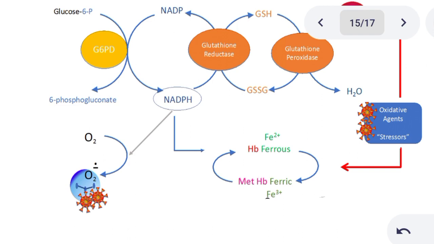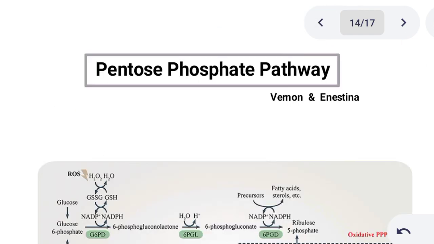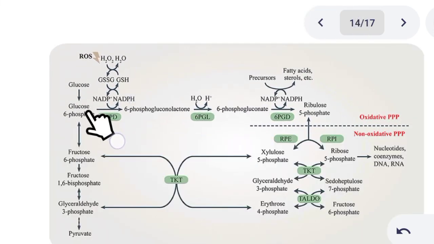Now, what can happen if someone is not having G6PD? Like I said, G6PD is very important in the production of NADPH in the first step as well as in the third step of this process, which is the pentose phosphate pathway.